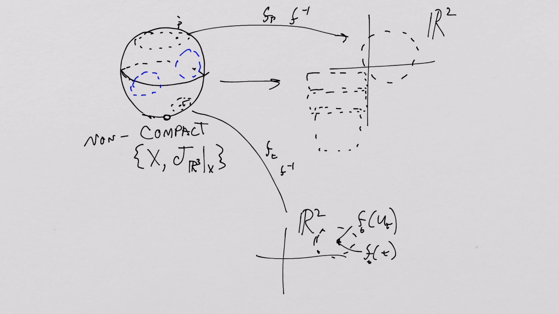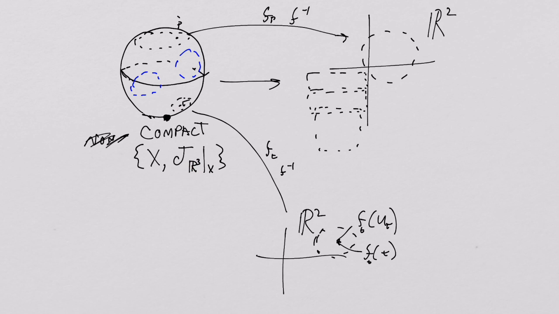Let me also restore the point that I took out. So even though the sphere, with that point restored, is compact, and the plane is non-compact, it's still true that every single region of the sphere that's open can be mapped to R2, with the exception of the entire sphere. The entire sphere is open, by the way, because it's always going to be a member of the topology.